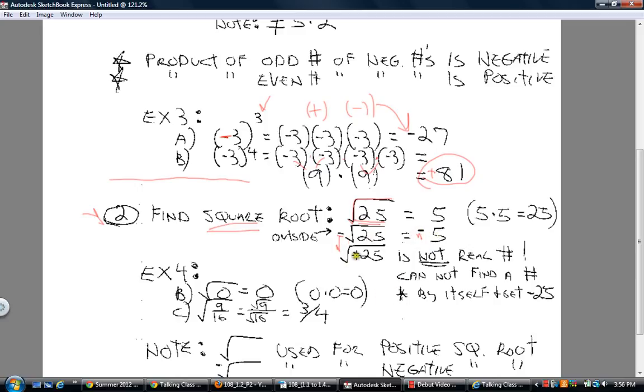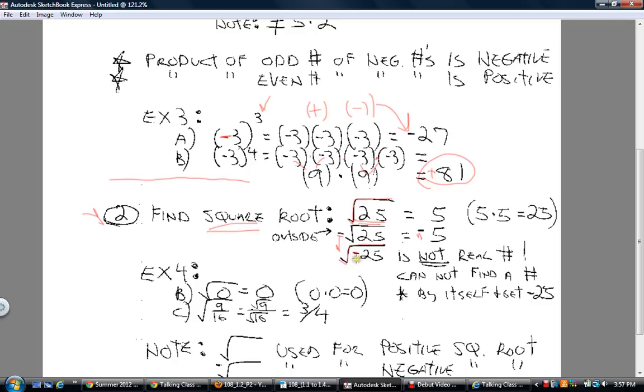Now what's interesting is what happens if you have the negative underneath the radical. By the way, I didn't say this is the radical sign. What if it's in here? Well, this presents a dilemma, because you have to have the exact same number. Think of the base. This is kind of going reverse of exponents. A positive 5 times a positive 5 would be still a positive 25. A negative 5 times a negative 5 is still a positive 25.